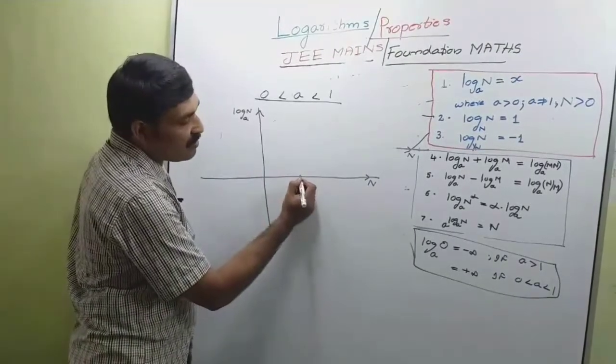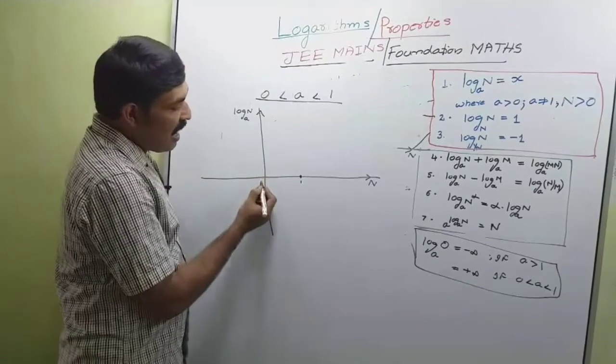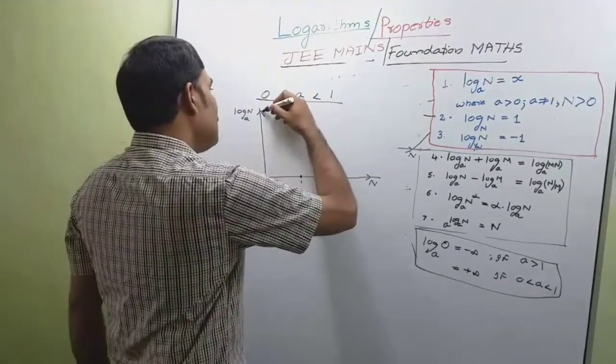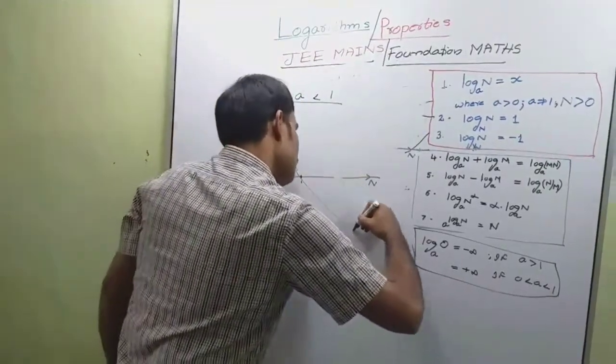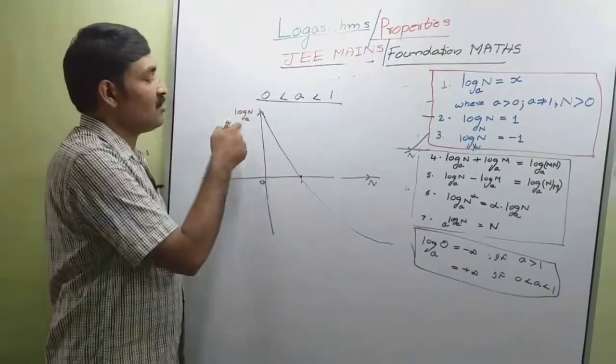When n is equal to 1, the value of the graph is 0. When n is between 0 and 1, the graph is exponentially decreasing. It's an exponentially decreasing function. So this is the graph of log n to the base a.